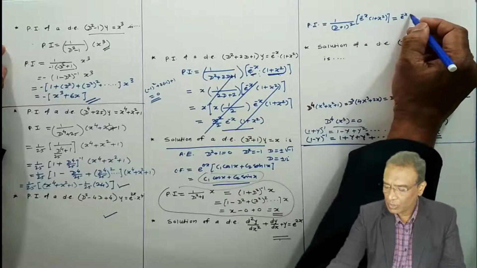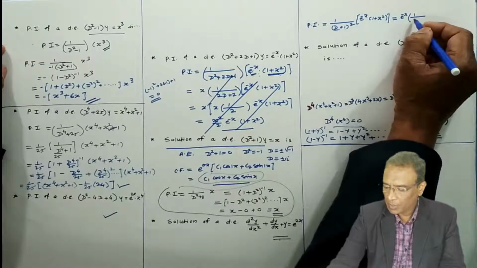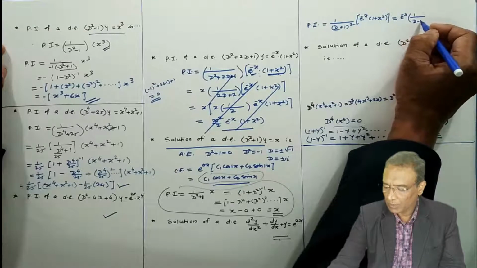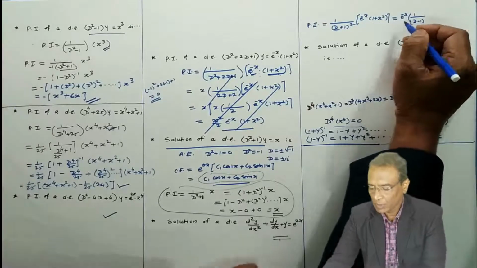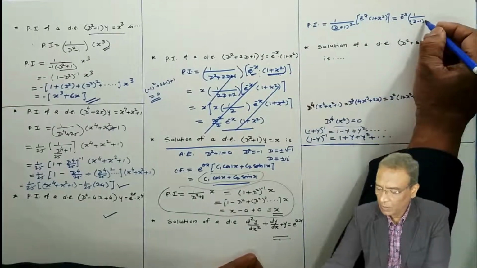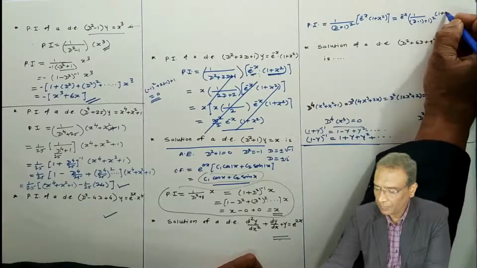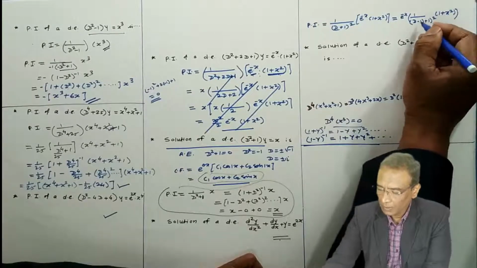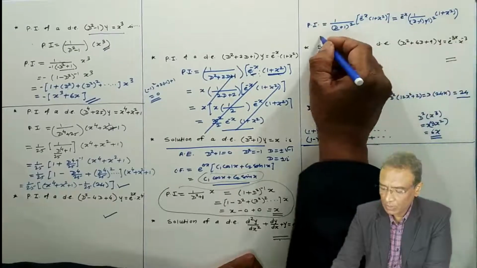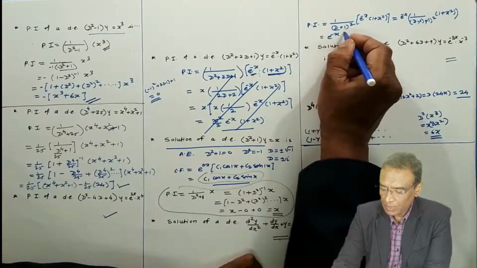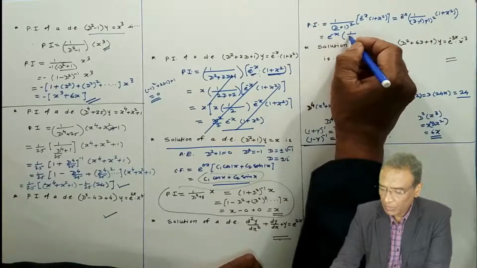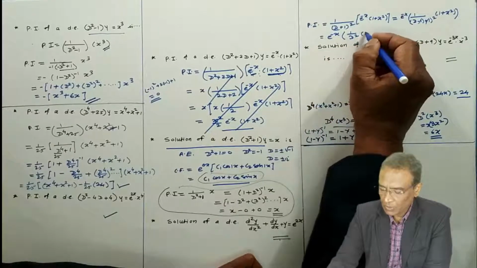If you take exponential outside, then D must be replaced by D minus 1. Plus 1 is already there, and 1 plus x square. This minus 1 and plus 1 get cancelled. What will remain? e to the power minus x, and 1 by D square will remain, times 1 plus x square.